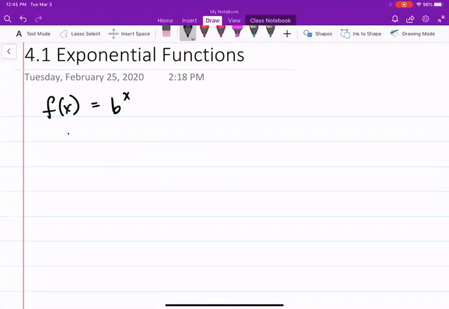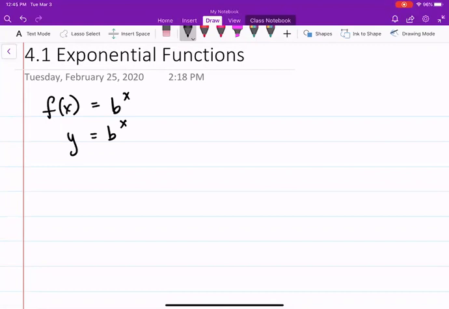Which also means y is equal to b to the x. Oops, not squared, x. So b can be a number, can be anything it wants to be. 9 times out of 10, it's just going to be numbers raised to the x power. Obviously we're going to talk about things from chapter 3, which was transformations as well, right?